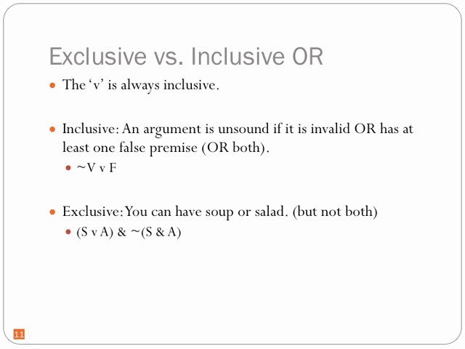Well, look at what's in parentheses after you can have soup or salad, but not both. It turns out that the word but is just another way of saying and. I might say, it's Monday, but it's raining.